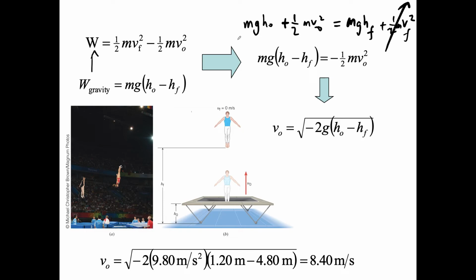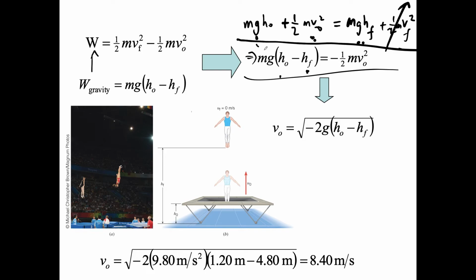So this is the equation for mechanical energy conservation: PI plus KI equals PF plus KF. Now if we arrange those three terms, we will have this equation. We know H0, we know HF.